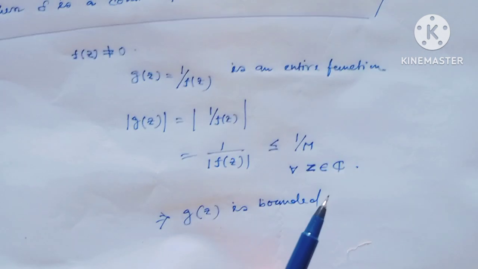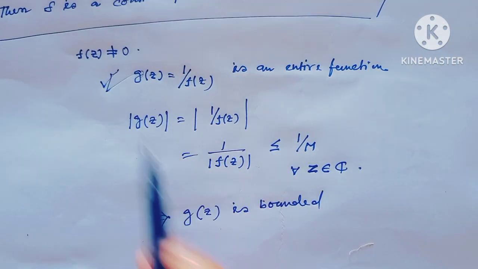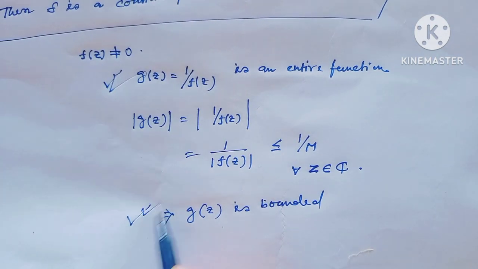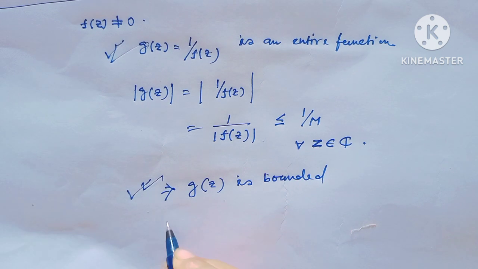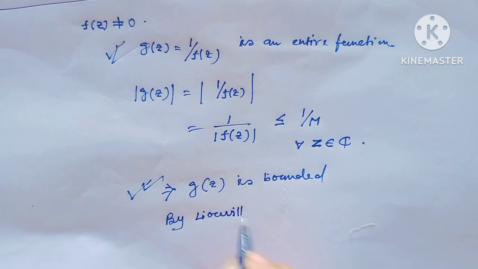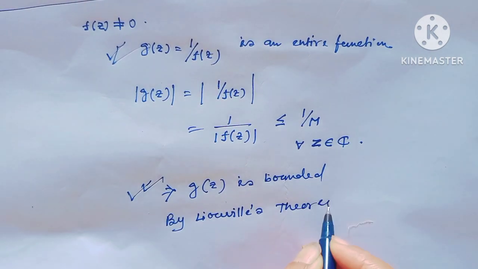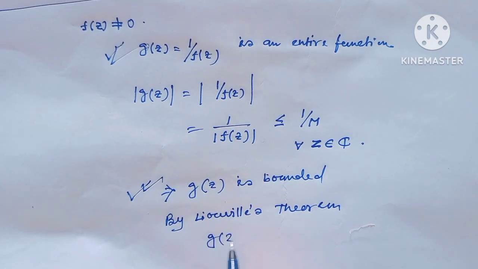Here I will apply the Liouville theorem. Since g(z) is entire, and also I have got g(z) is bounded, so by Liouville theorem we can tell g(z) is a constant function.